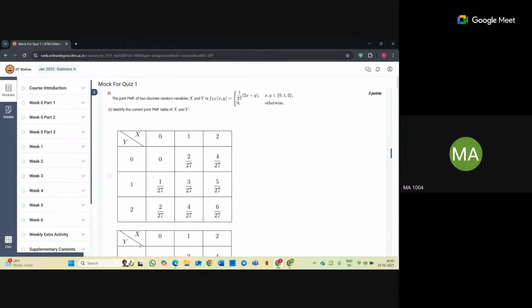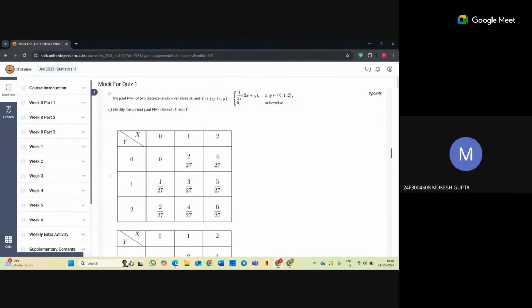How did you solve this? Ma'am, it's a joint PMF. You have to put 0, 0 in place of X and Y first, then 0, 1, 1, 0, 2, 1, 1, 1, 2, like that, and the PMF table will give you the answer. Okay, good. So nobody has any doubts in question 8? No, ma'am.